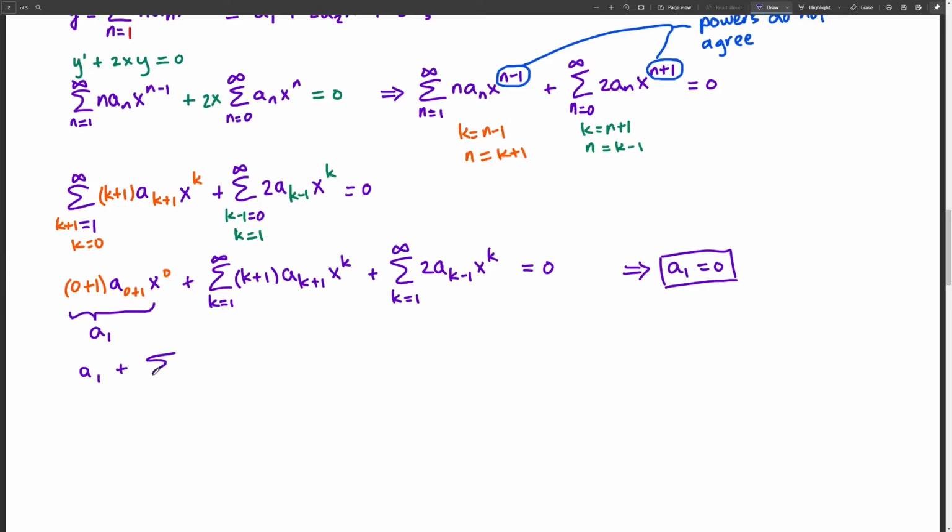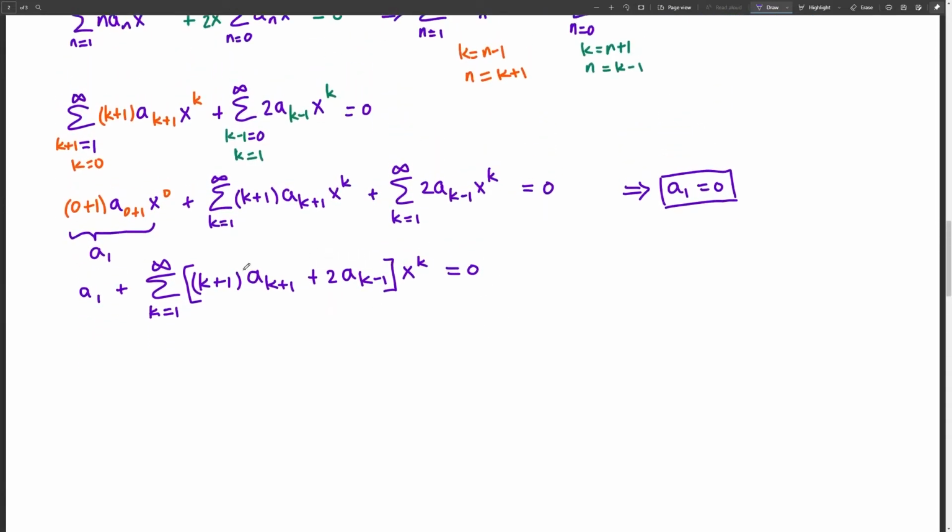So now I have the sum from k equals 1 to infinity of k plus 1 times a sub k plus 1, and then plus 2 times a sub k minus 1, and all of that times x to the power k equals 0.